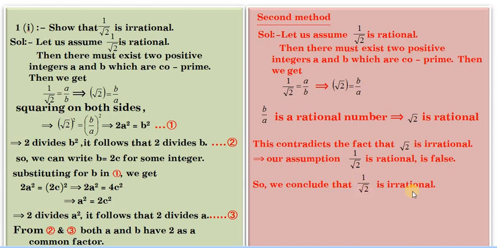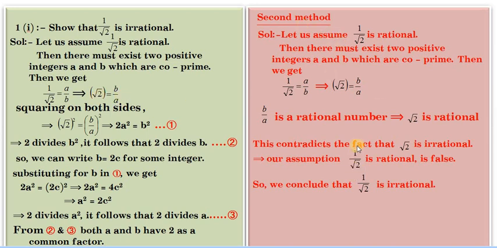So what is the difference between the first method and the second method? In the first method, we are not taking into consideration that root 2 is irrational. So we are proving 1 by root 2 as irrational without taking root 2 as irrational.